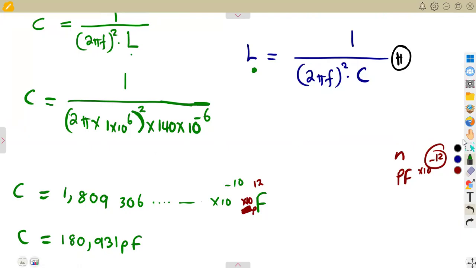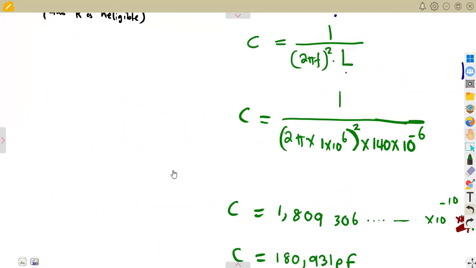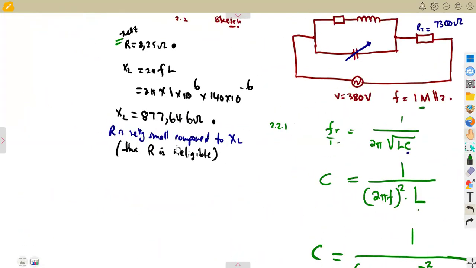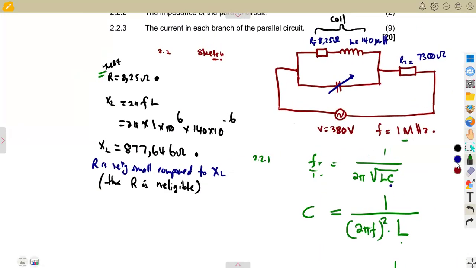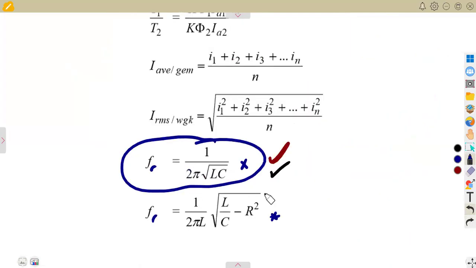But this part here that I was testing is for us to be sure about the formula that you choose for the resonant frequency, because the actual formula is supposed to be this one in parallel. This was supposed to be our actual formula in parallel.